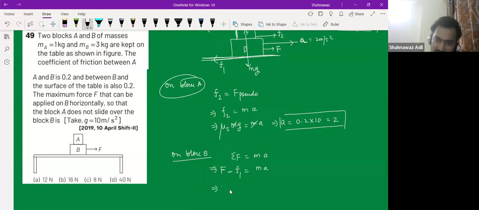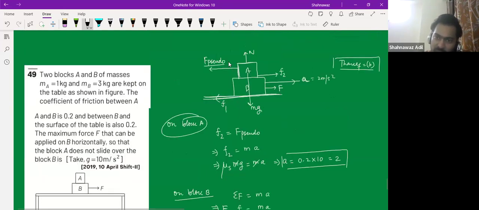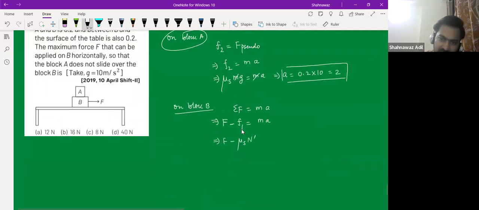So F minus mu S N prime, and this N prime would be due to this whole block, so that would be (M plus m)g. So our F is simply Ma plus mu S (M plus m)g.